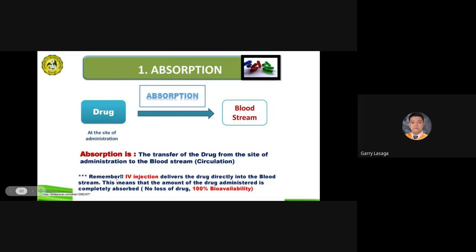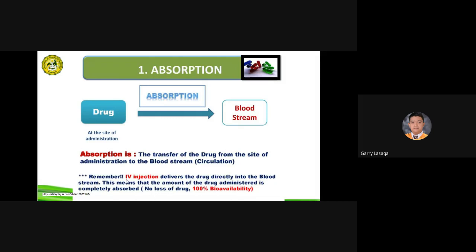So for those drugs that are administered by IV, it is said that this particular route of administration produces a 100% bioavailability, meaning that the amount of the drug that you are going to administer is also the amount of the drug that will be absorbed in the body or that will be present in the circulation.